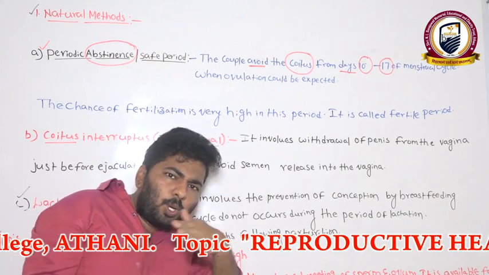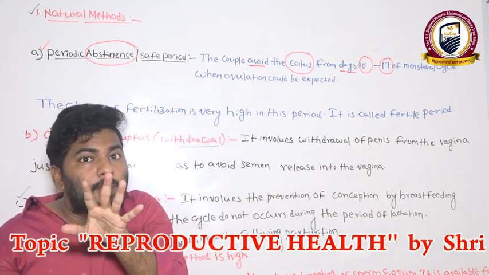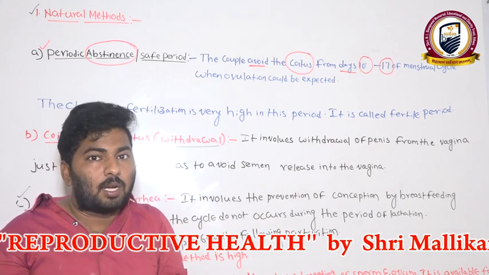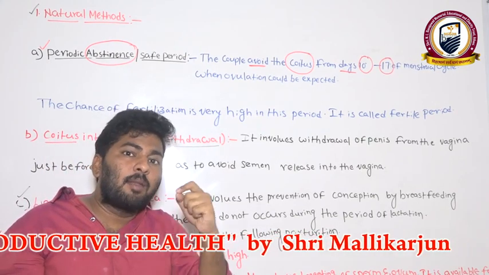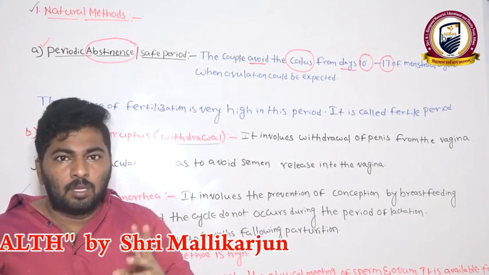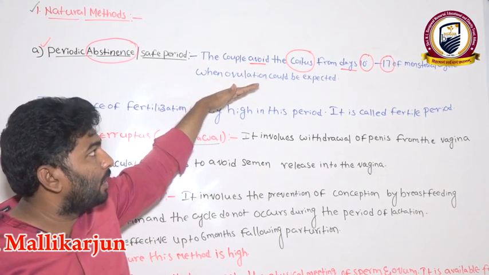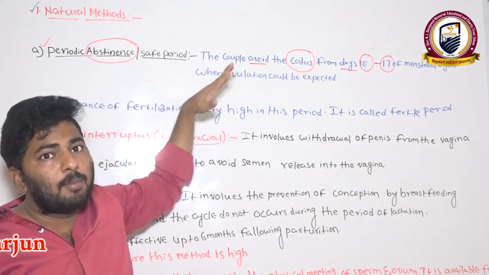Two days before and two days after ovulation is the unsafe period for sexual contact, because the egg remains in the fallopian tube for a minimum of 2 days.